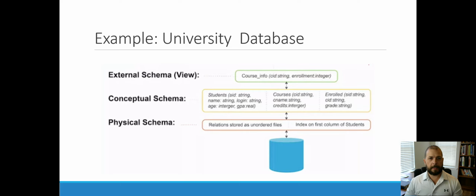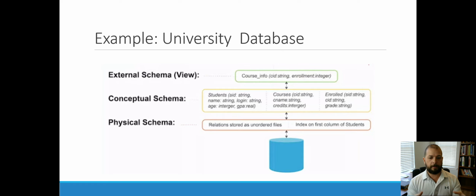And this is just a simple example that you might see of how it represents. This is the university database I've been talking about, but you might have this external view, or actually, let's talk about the physical schema in this. These are stored in unordered files and indexed on the first column.